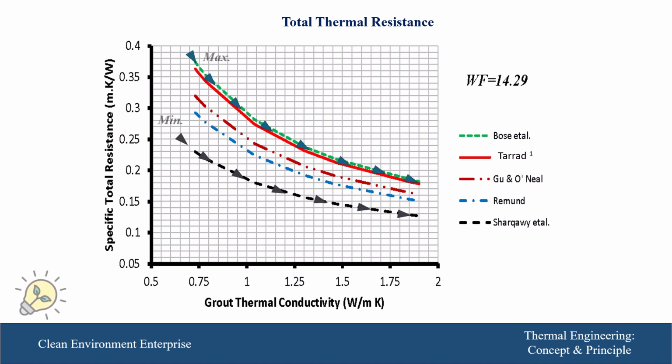So as the thermal resistance goes down, the depth of the heat exchanger will be lower, and as the thermal conductivity increases, we have to select a proper equation as well to predict the total thermal resistance, which is reflected in the depth of the heat exchanger.